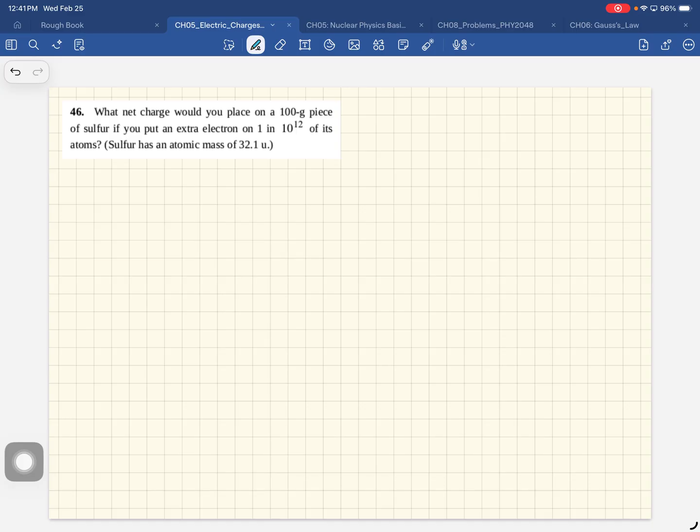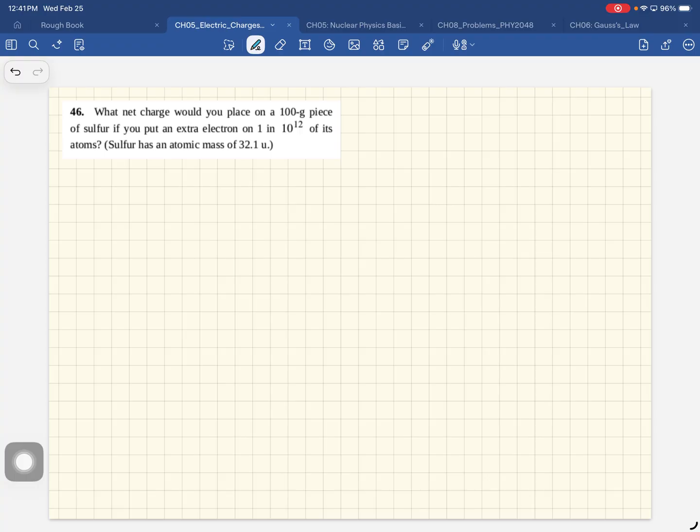How do we calculate this? What is the atomic weight of sulfur? So 32 grams. So 32 grams of sulfur has how many atoms of sulfur? 1 mole, very good.